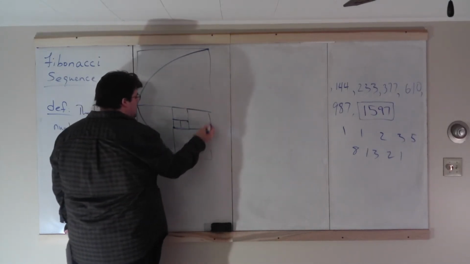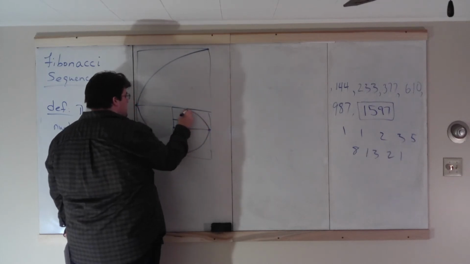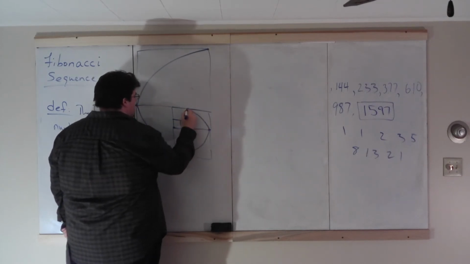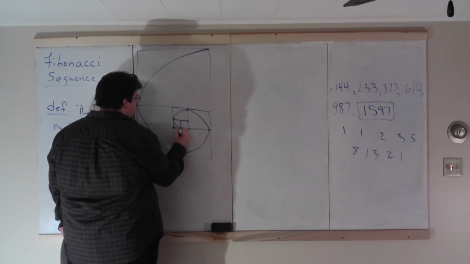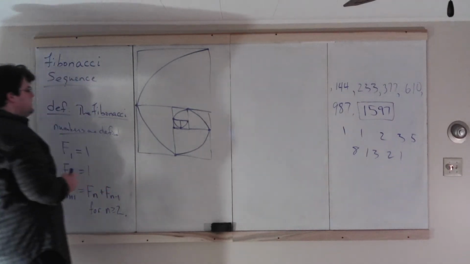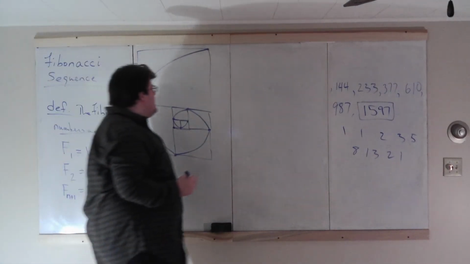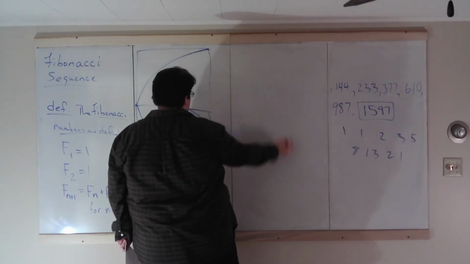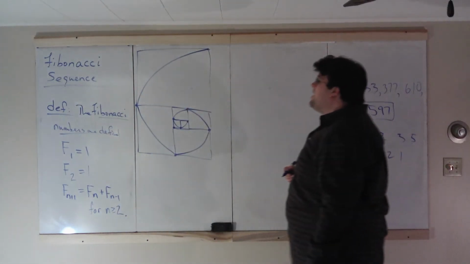And we're going to keep going diagonally across the next square. Make an arc like that. Diagonally across the next square. An arc like that. Diagonally there. And diagonally up to the last one. And right here, you could see what would happen if you keep going. It would keep making a spiral like that.